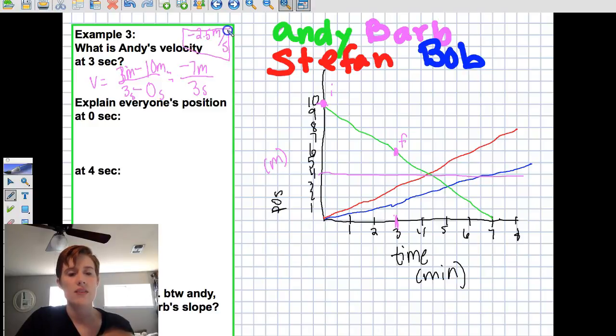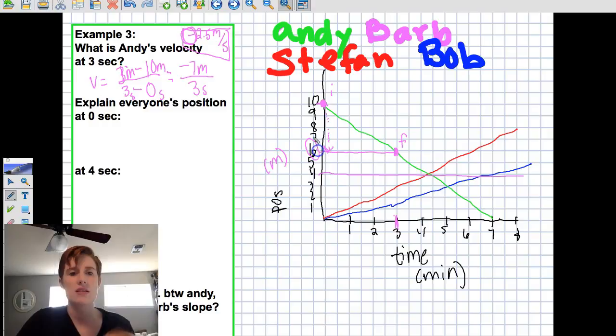Can you have a negative? Yes. What does a negative mean when we're talking about velocity? Means we're going backwards. He started at 10 meters away from the start, and now he's running to, oh, did I say he stopped at 3 meters? Oh goodness, I made a mistake. When did he stop? When was his final distance?